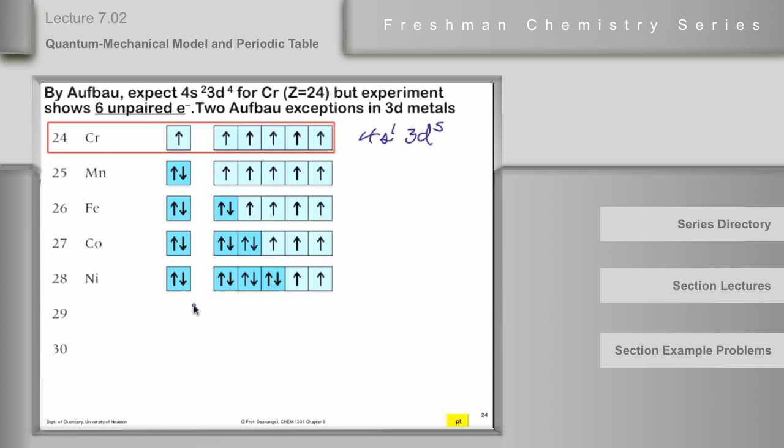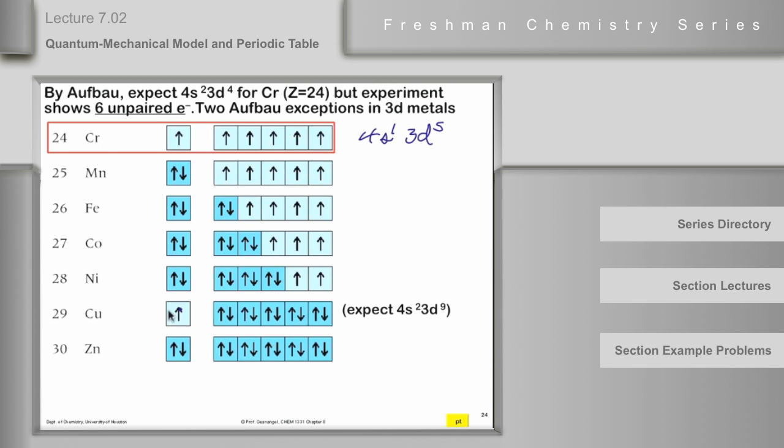Then the next element is copper. And copper has one unpaired electron, which you would expect. If you followed the Aufbau thing, you would say this ought to be 4s2, 3d9. You'd expect 4s2, 3d9 for copper, which would have one unpaired electron, but it would be in what subshell? The d subshell.